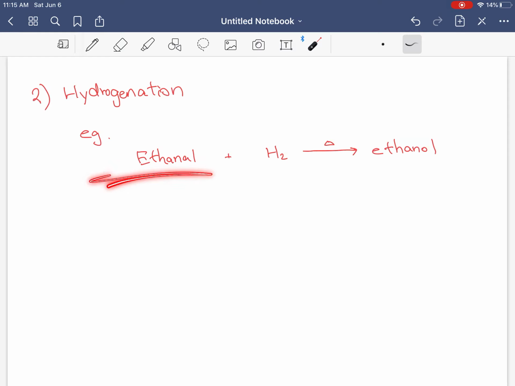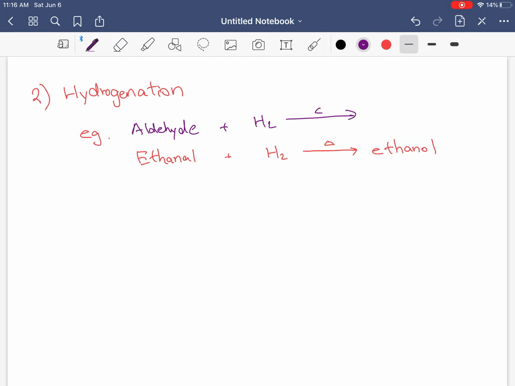So ethanal reacting with hydrogen gas in the presence of heat will give you an alcohol. Let's write that down as a general reaction. You have an aldehyde reacting with hydrogen gas in the presence of heat, which will give back your alcohol.